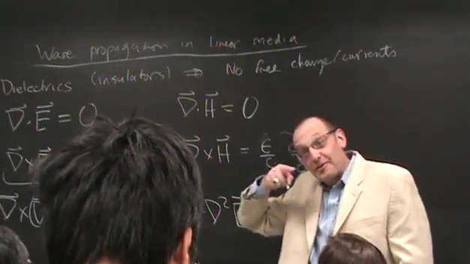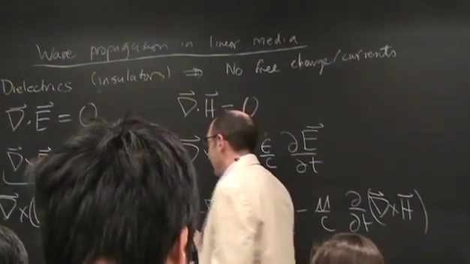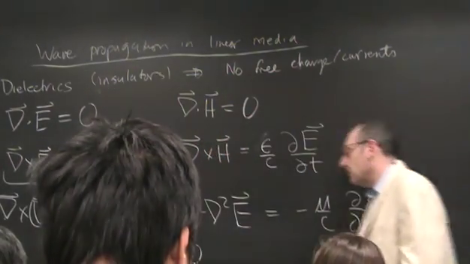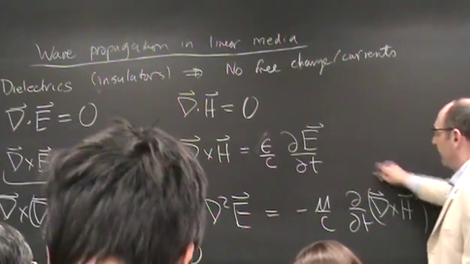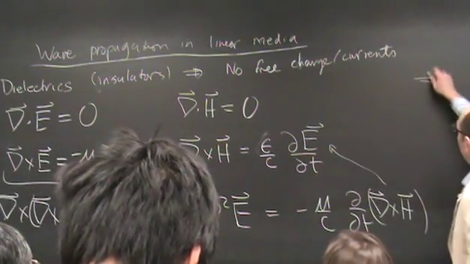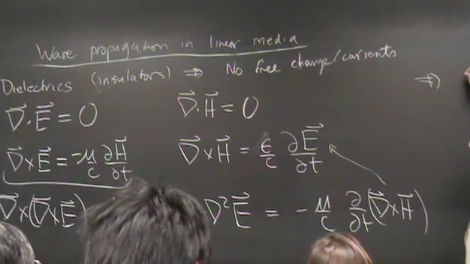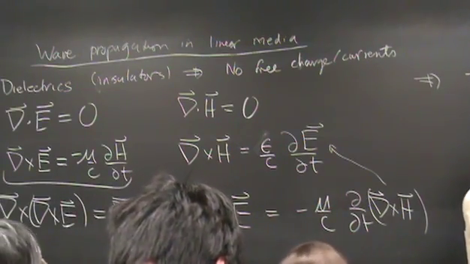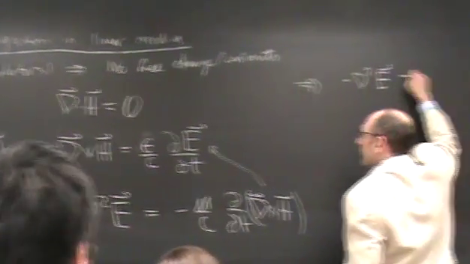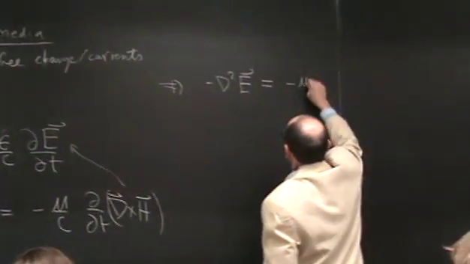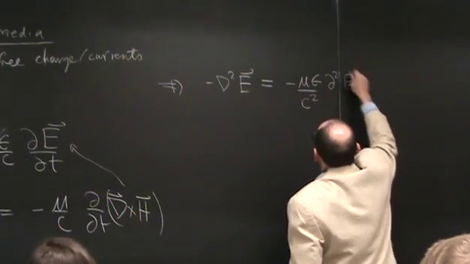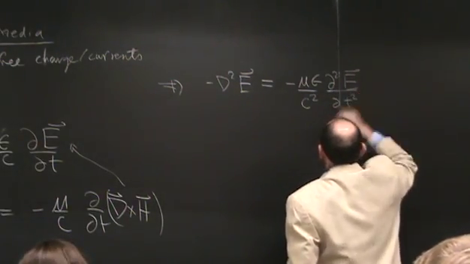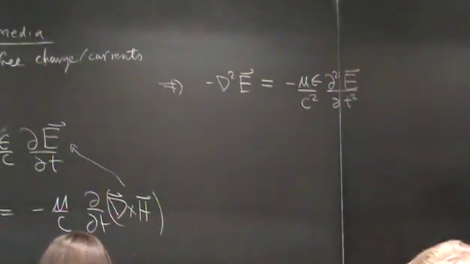So now we do the substitution. Del dot E in this dielectric is 0, and del cross H is given over here. So we then find that minus the Laplacian of E is equal to minus mu times epsilon over c squared times the second derivative of the electric field with respect to time.